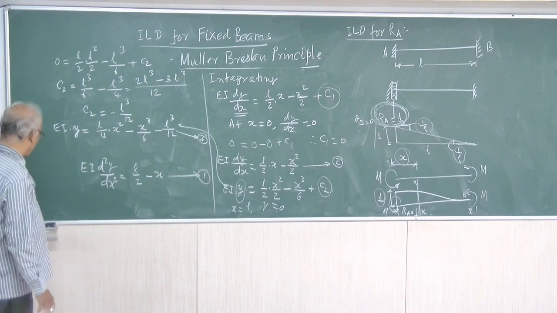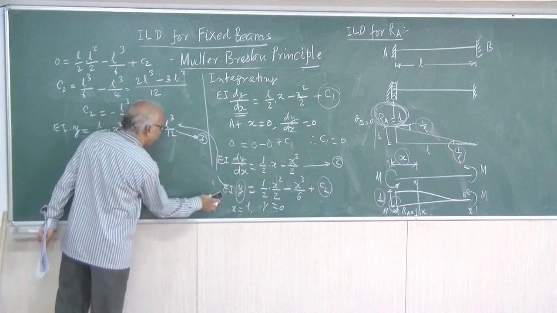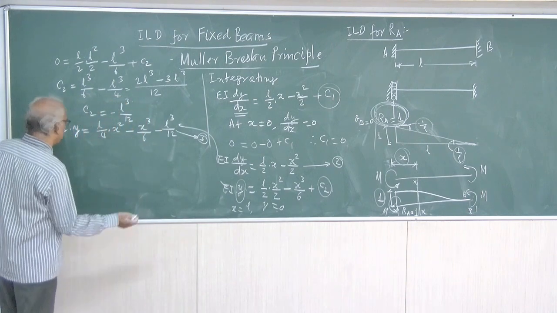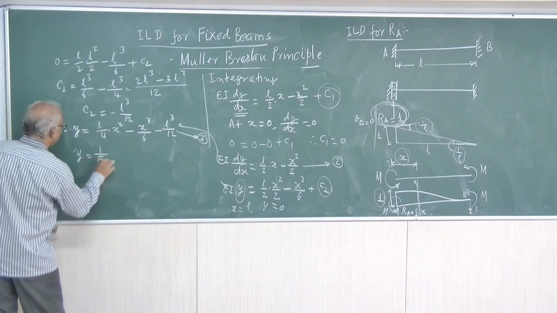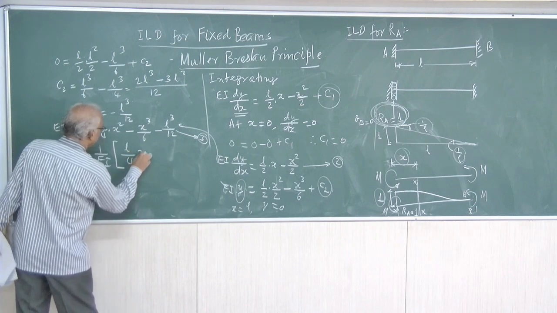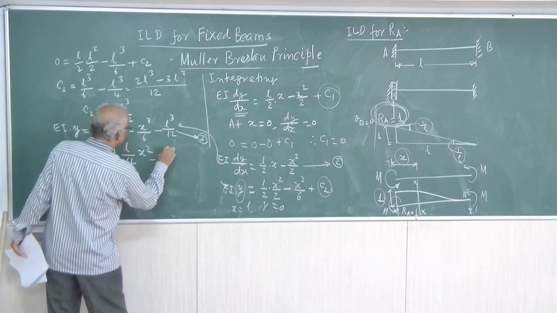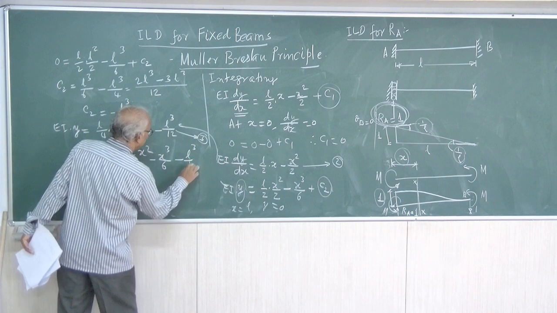So, this is what we want. Now, from this deflection equation, we will find the influence line for RA. Before that, we will first find out the value of Y. Y equal to 1 by EI into L by 4 x square minus x cube by 6 minus L cube by 12.